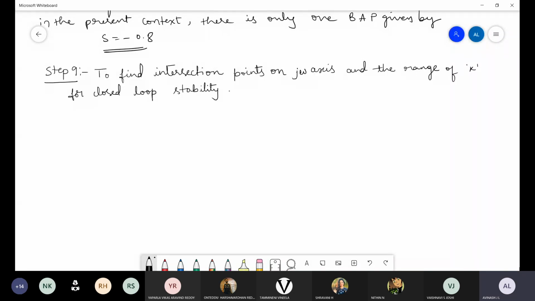Range of k for closed loop stability: this is the objective of step number 9.